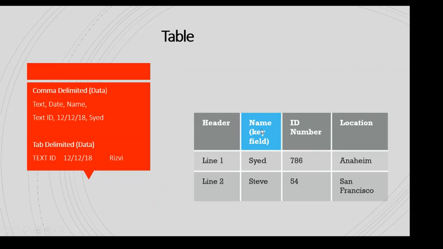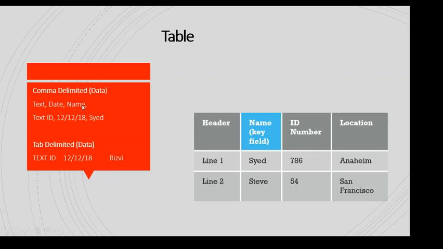Data is saved in many different formats. One example is comma delimited data, where every field has a comma, and then systems know that the next field is the next field from the header data.